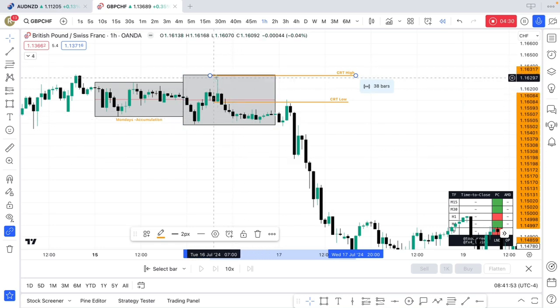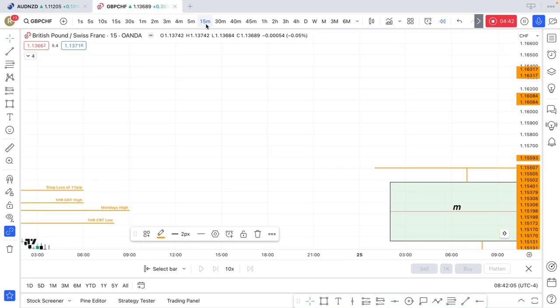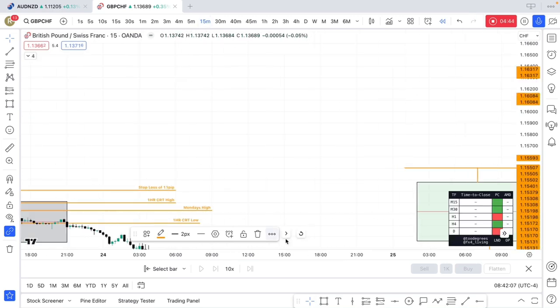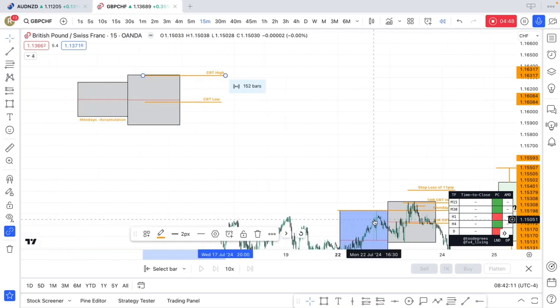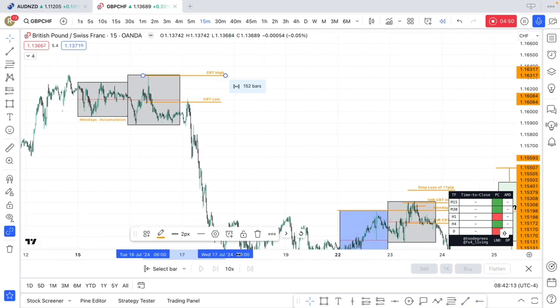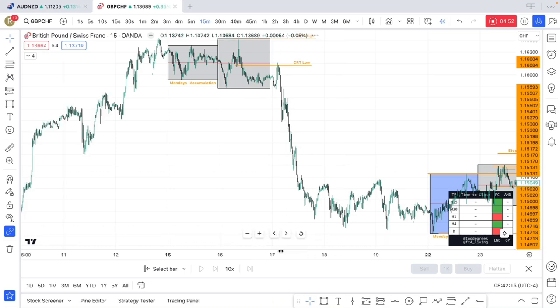So when we put the 1 hour, we are interested in the 8 a.m. candle. And when the 8 a.m. candle finishes registering, you go into your 15 minutes time frame to look for the order block.